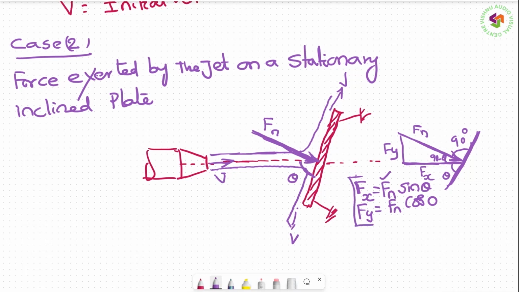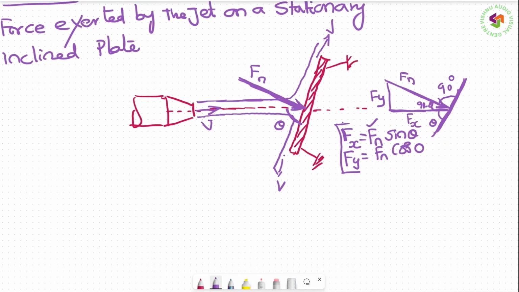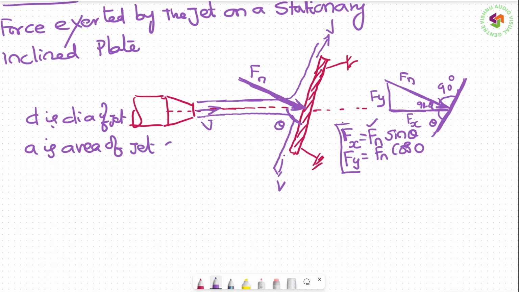Before going forward, let me tell you: d is the diameter of the jet, and A is the area of the jet. How will we calculate it? A is equal to pi by 4 into d square. That also you know.